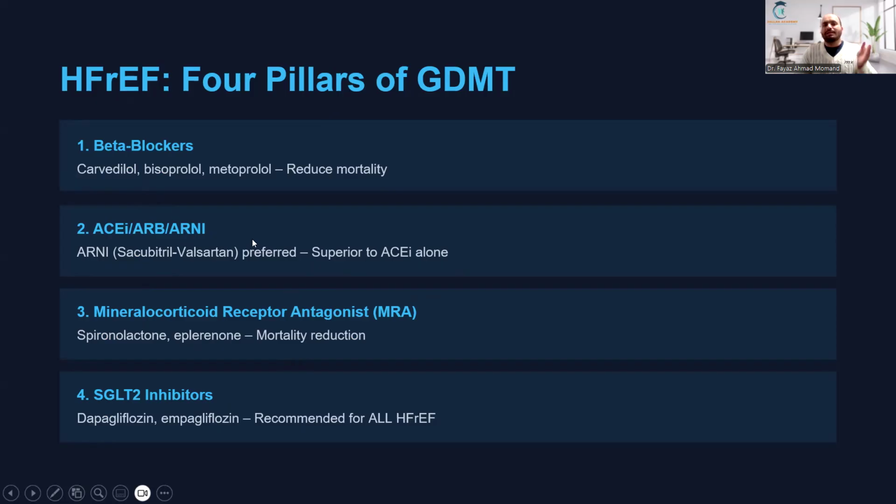ACE inhibitors, ARBs, ARNIs also reduce mortality. Mineralocorticoid antagonists reduce mortality. SGLT2 inhibitors reduce mortality because they slow down remodeling. Other medications that we use in heart failure, like furosemide and digoxin, do not reduce mortality, but they are good for symptomatic control.